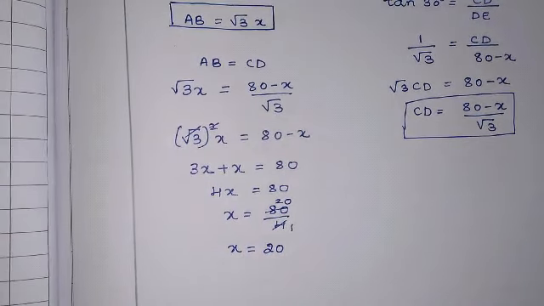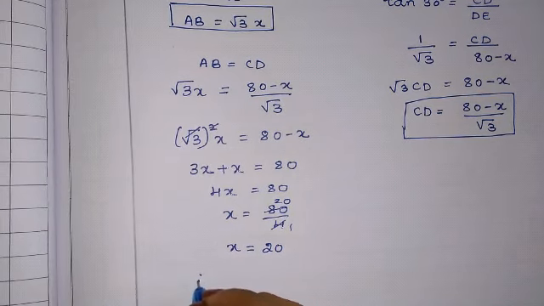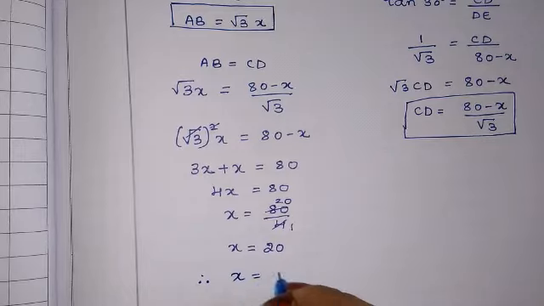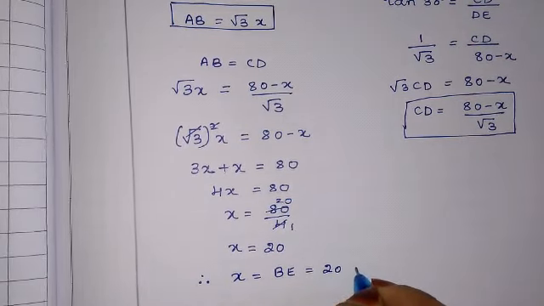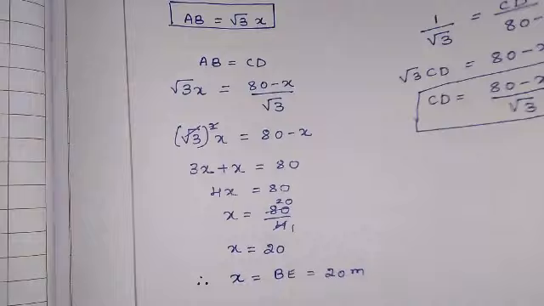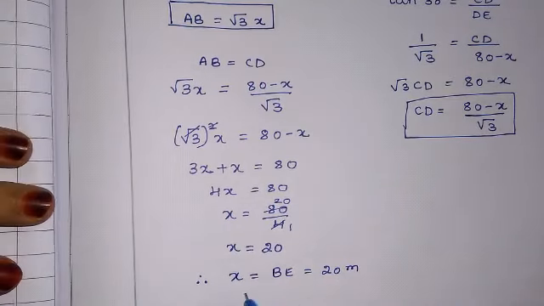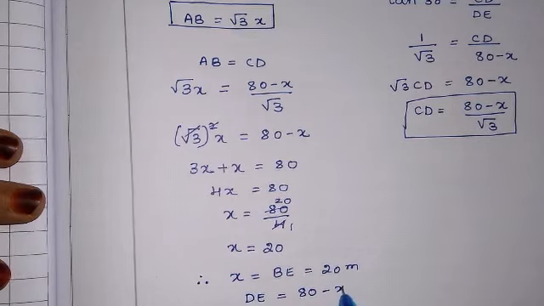So this we got x value, and x is nothing but BE. Therefore, x is equal to BE, that is 20 meter. BE distance we got 20 meter. Now we need DE. DE we know is 80 minus x.